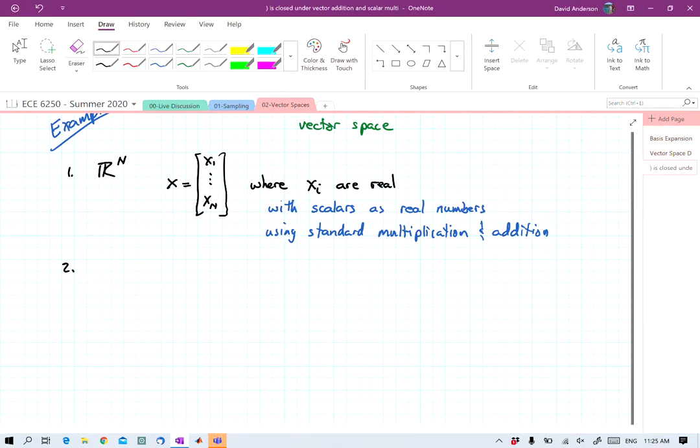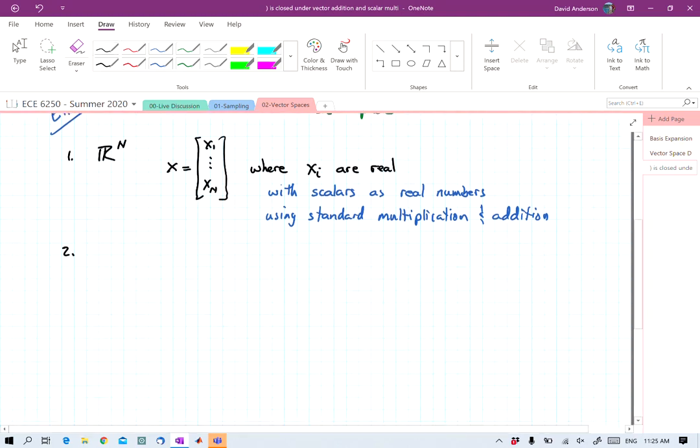We can certainly define multiplication of x in this case by a complex number, but what we get out using our standard rules is a product that is composed of a vector of complex numbers, which is not in our vector space. Our vector space is made of real numbers. So in that case, because it's not closed, it would not be.